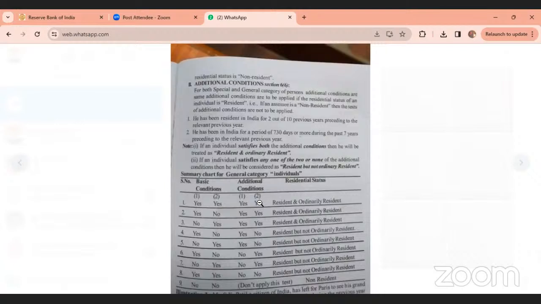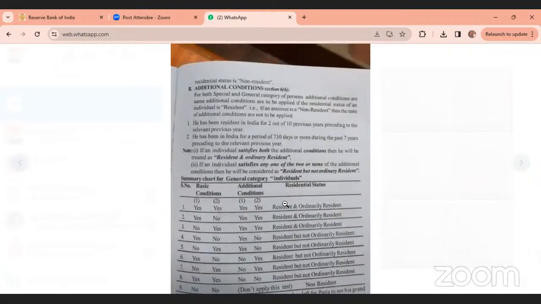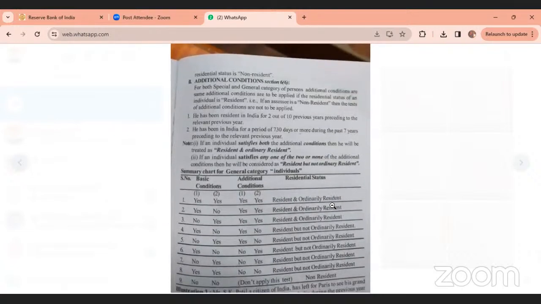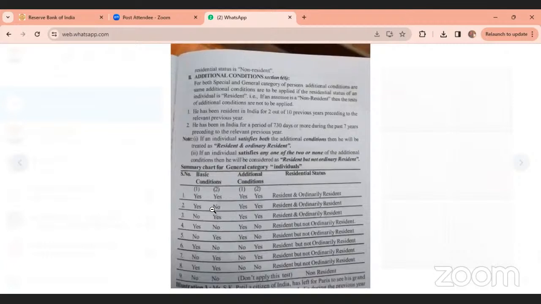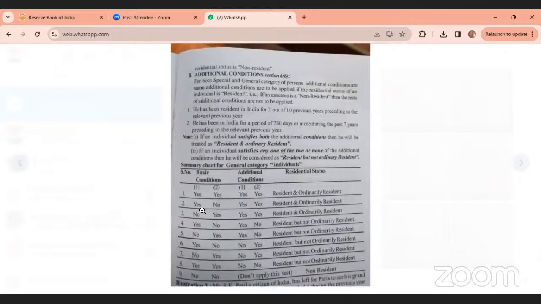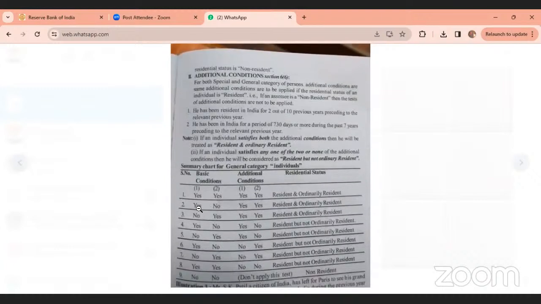That means if the assessee satisfied both the basic conditions and additional conditions, that person is called resident and ordinary resident, like this. Okay. If second point, see, if the person satisfies only one basic condition, S means satisfy the condition, no means not satisfied the basic condition.